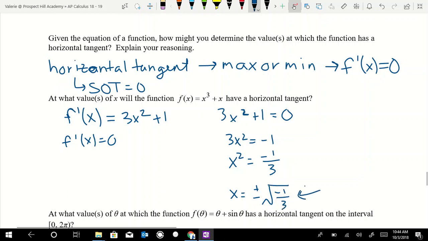Now we know that taking the square root of a negative number gives you an imaginary value.